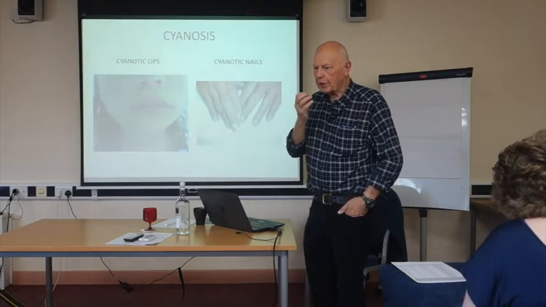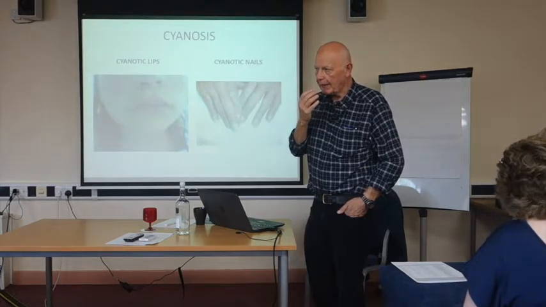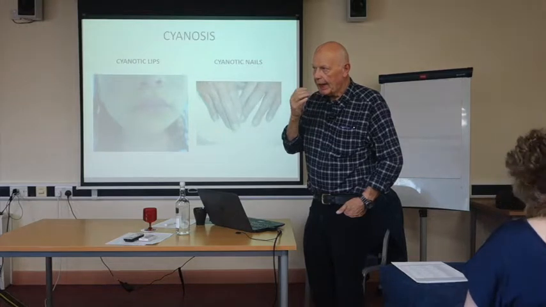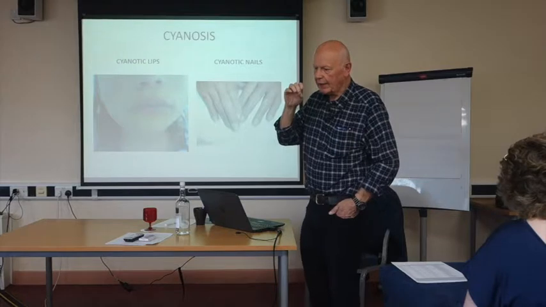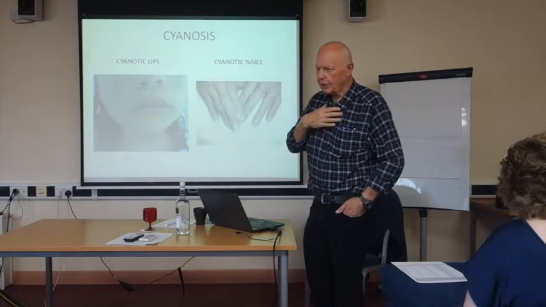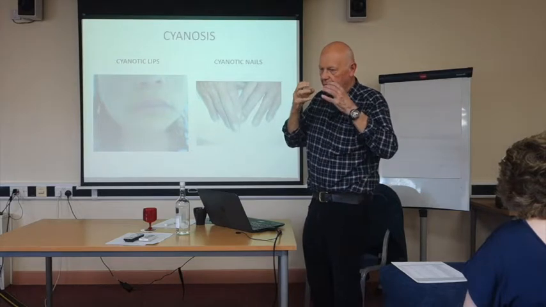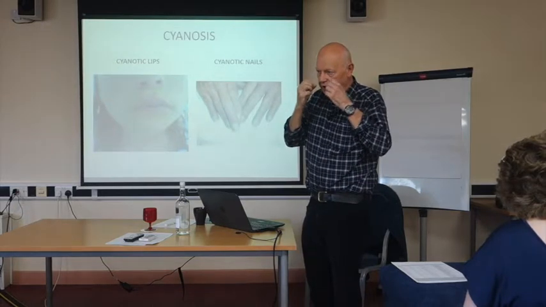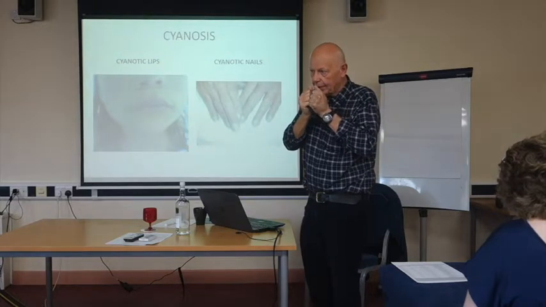When you're super cold and your lips go blue, it's not likely to be a central cause in the way that I've described, in the sense of the lungs not oxygenating the blood. It's more likely to be the fact that the cold has shut down those peripheral arteries to stop the blood getting there.